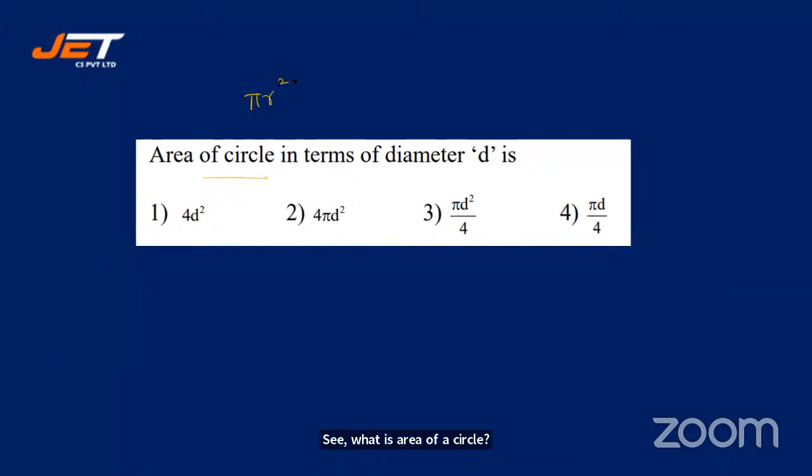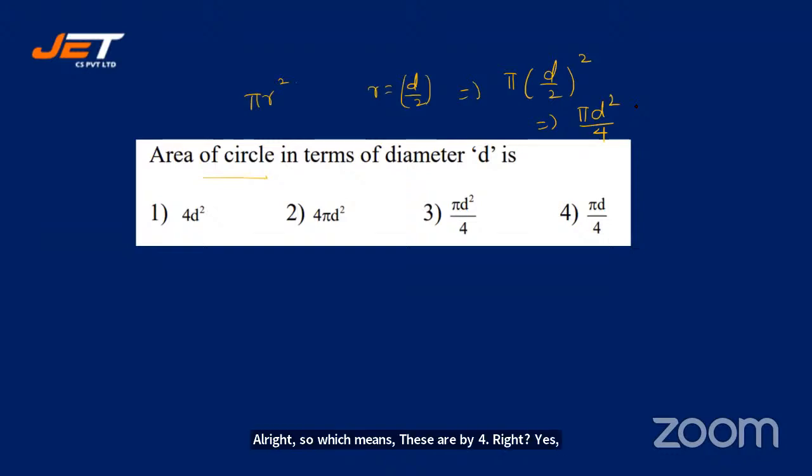Pi r square. All right, now it is in terms of diameter. So what is r? Radius is d by 2, diameter by 2, isn't it? So pi into d by 2, the whole square, which means pi into d square by 4. Right? Yes, perfect.